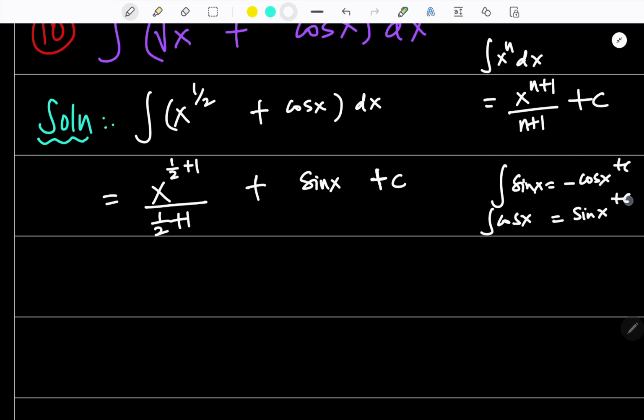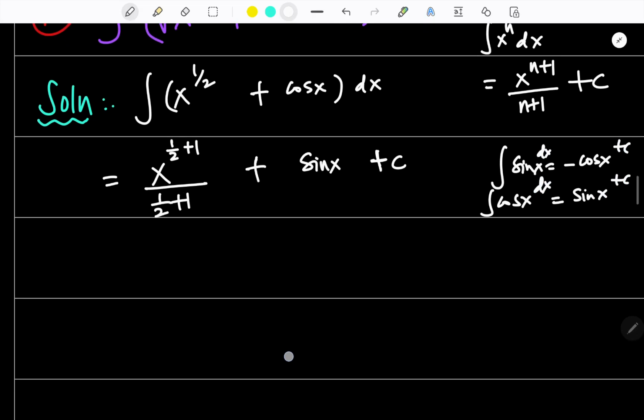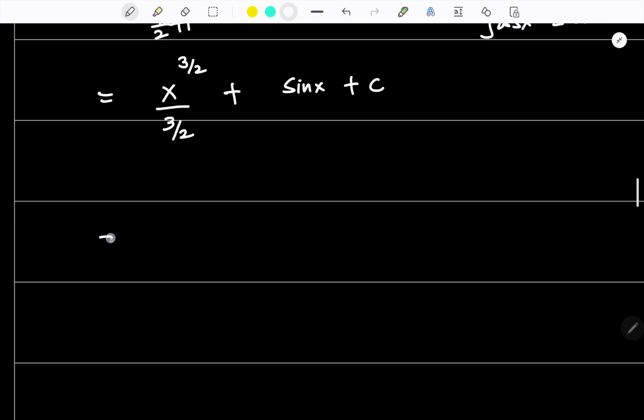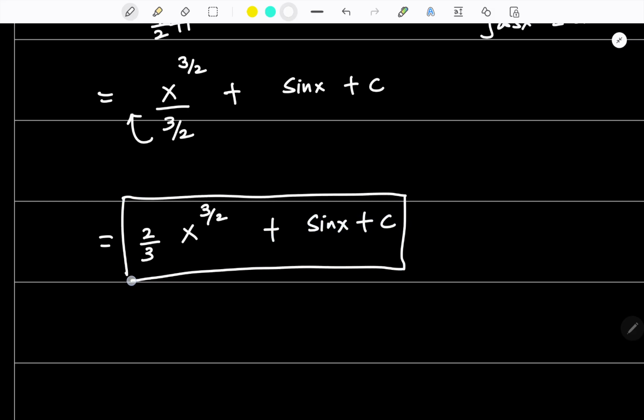Keep that in your mind. So this equals x to the power of half plus 1, which is 3 by 2, divided by 3 by 2, plus sine x plus integrating constant c. Now I'm going to flip it, which is 2 by 3 x to the power of 3 by 2 plus sine x plus integrating constant c. Okay, so totally I have done 10 questions for your revision.